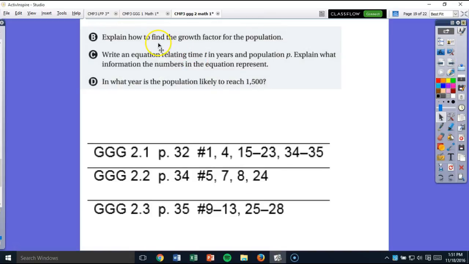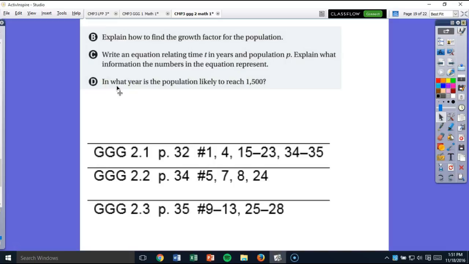B, explain how to find the growth factor for the population. So how did you come up with that based on the pattern you saw in the table? As we said, write an equation. And then in what year is the population likely to reach 1,500 snakes?